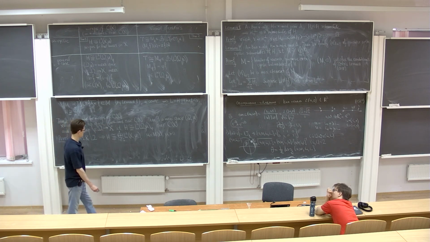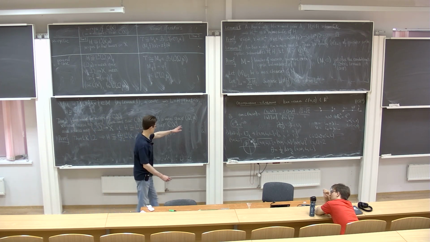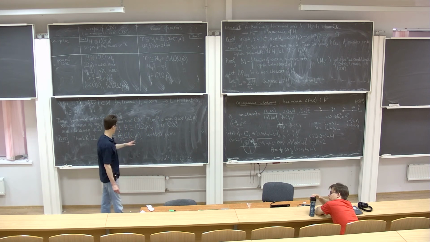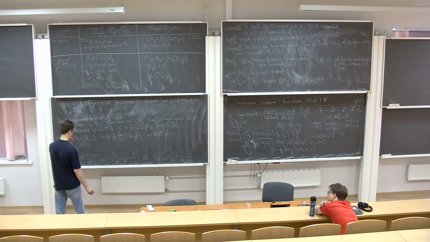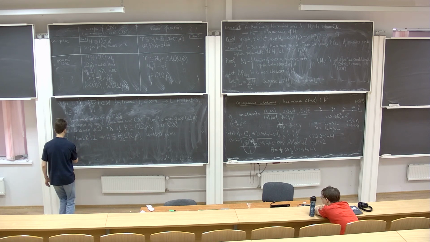Now, to construct our measure space (Omega, mu), we combine these pieces together in the following way. First of all, we define Omega as a set.